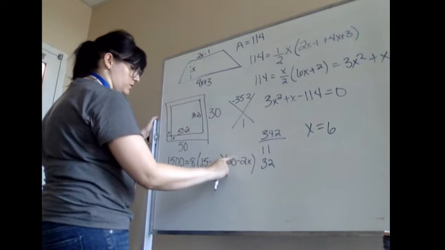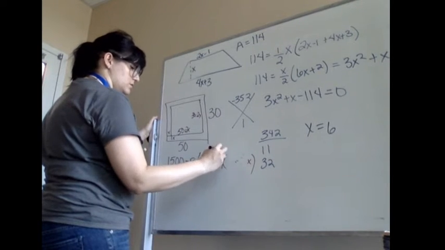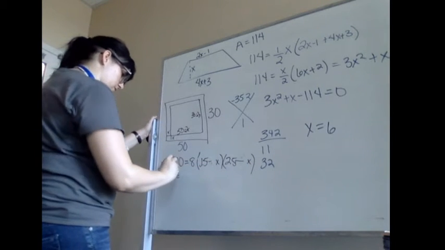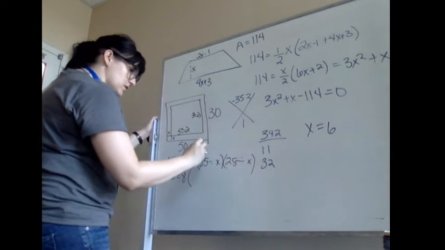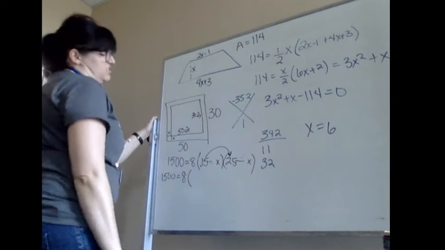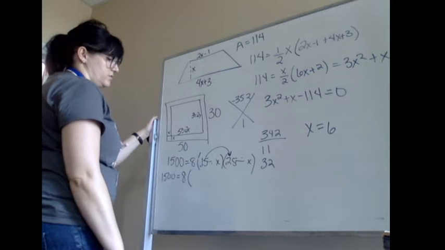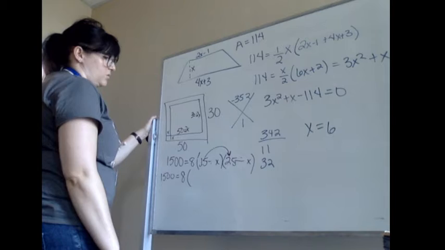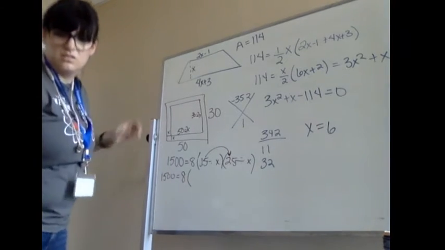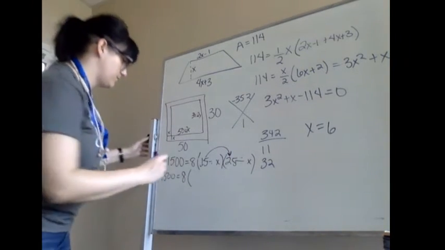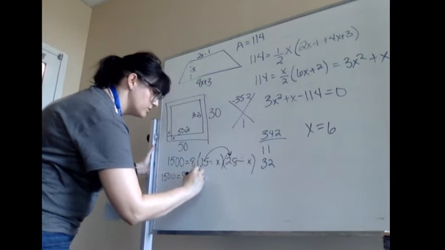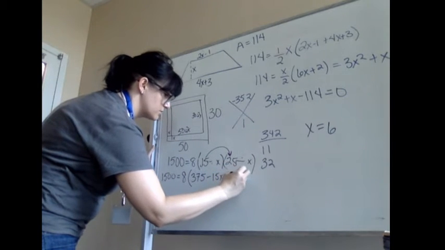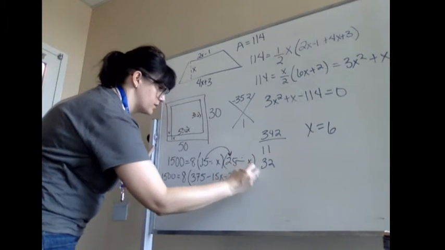That's just X, and then 25 minus X. Okay, now when I multiply them together, got my 8 out front. 15 times 25, well, 5 squared is 625 minus 50 is 425? 375. 375 minus 15x minus 25x minus x squared, or it became plus x squared.